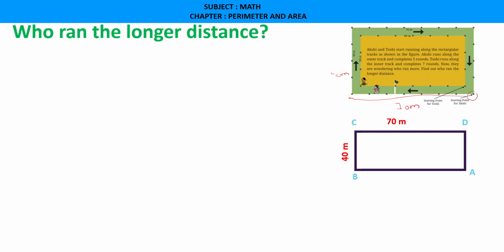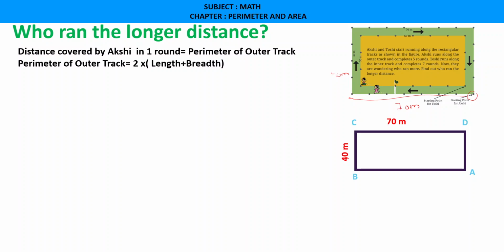First let us calculate how much distance is covered by Akshi. Distance covered by Akshi in one round is equal to the perimeter of the outer track. So the perimeter of the outer track is equal to 2 into length plus breadth. What is the length here? 70, and the breadth is 40. Let us substitute. Therefore, 2 into 70 plus 40 is equal to 2 into 110, that is 220 meters.